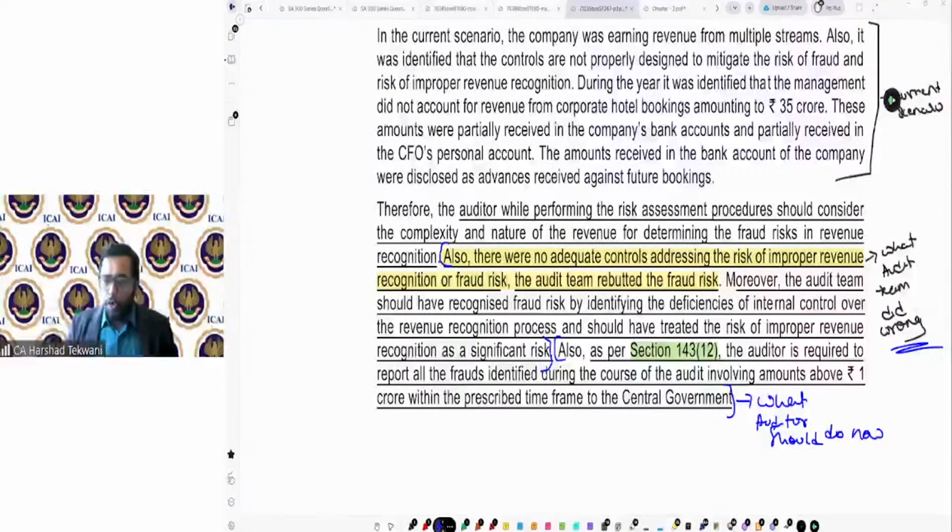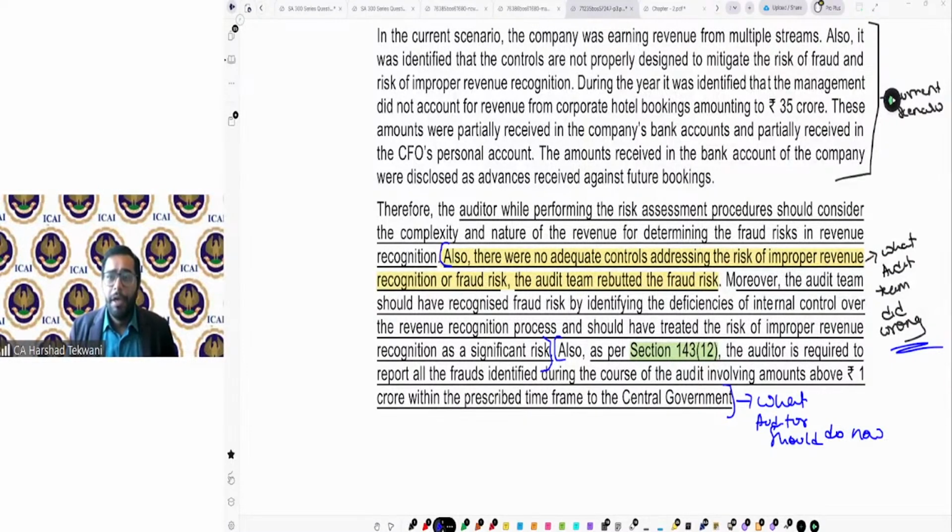Absolutely correct, Charu. We should always assume there is a risk of fraud in revenue recognition. But if we say there is no risk, we should have proper and appropriate evidence and reasoning in our hand, and we should have gathered appropriate and sufficient audit evidence to rebut the fraud risk in revenue recognition, and the same should be documented.